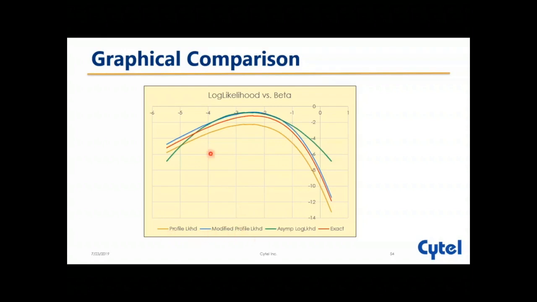Then the modified profile log likelihood, where we have said we'll be adding one extra term of higher order derivative, you can see that the modified profile likelihood, the blue line, is showing a similar pattern as exact, and also the values are quite close to exact.